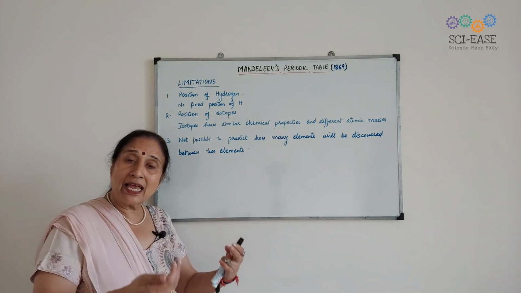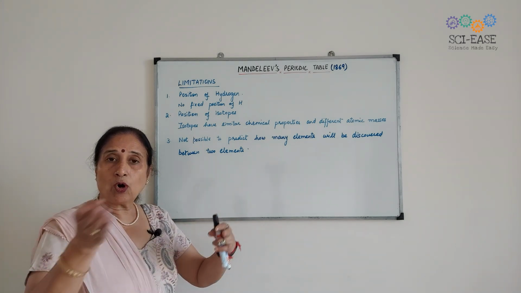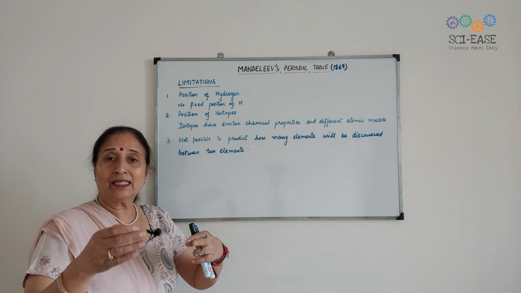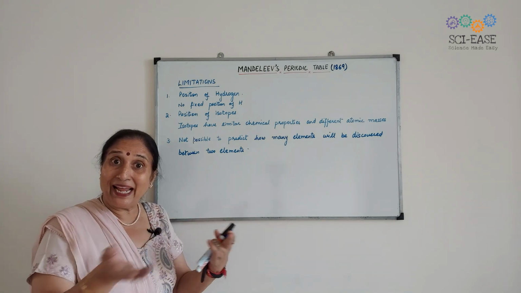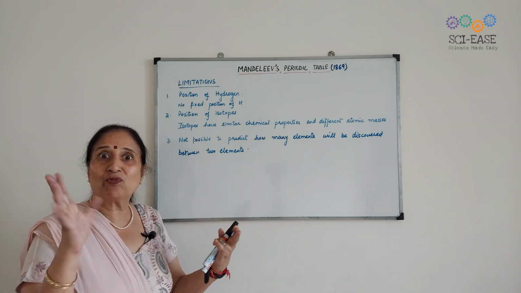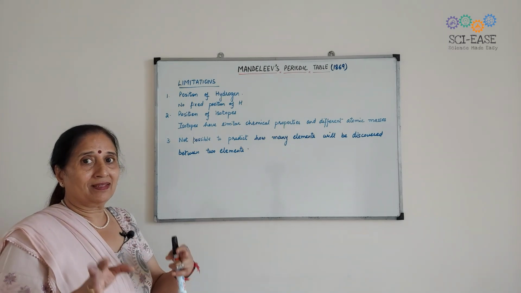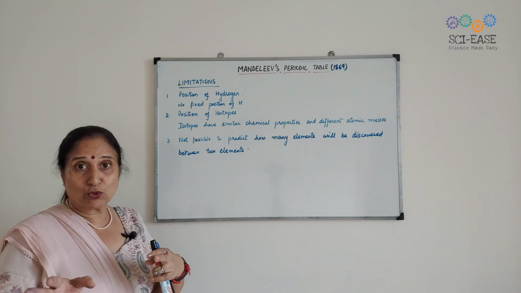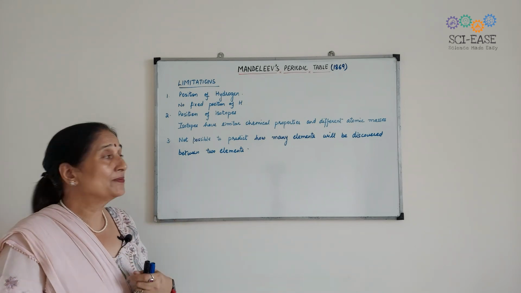The same element, like hydrogen, has 3 isotopes: ordinary hydrogen, then deuterium, tritium. Where we will place these isotopes was not clear. He couldn't explain the position of the isotopes. No doubt isotopes were also discovered quite late.